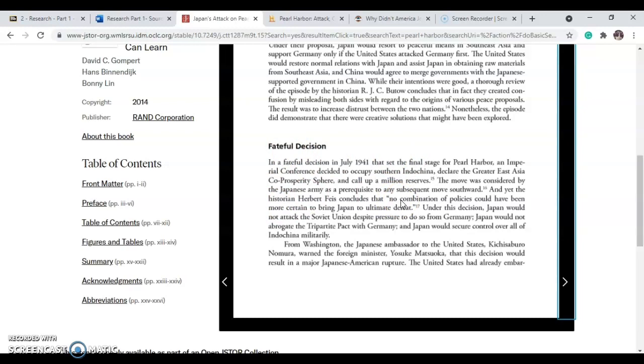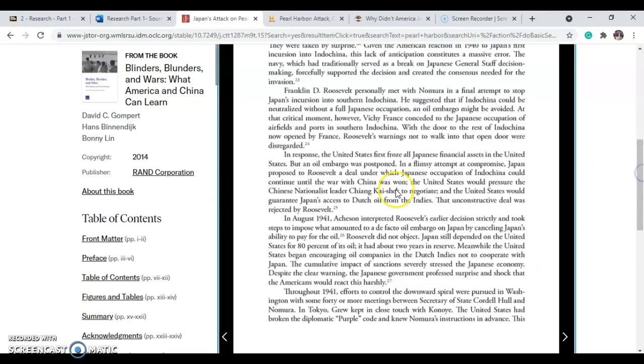And the Japanese leaders got together as they were iffy on attacking the United States and believed that attacking would make problems much worse. They talk about President Roosevelt's and Nomura's meeting and how Japan didn't listen to the United States' warnings.